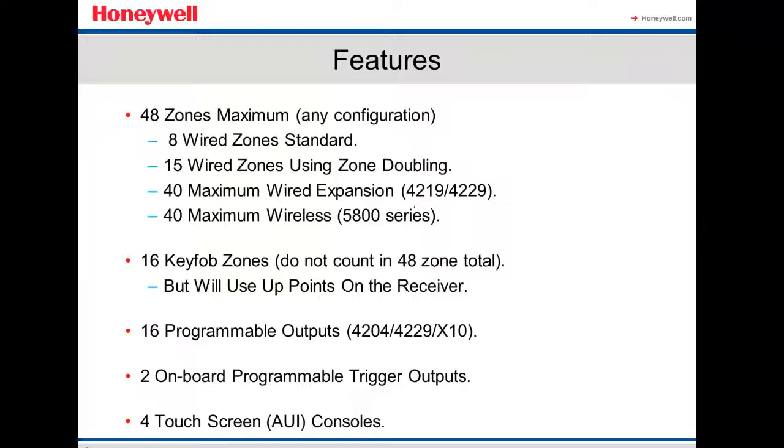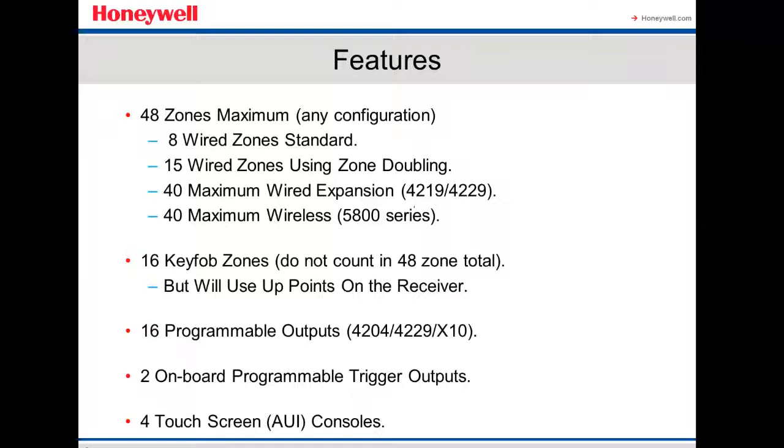Or you can use the expansions, the 4219 or the 4229. We're going to see a little bit later how they work. You can get up to a maximum of 40 extra zones, meaning each expander can hold up to 8 zones, so you can use a maximum of 5 expanders.